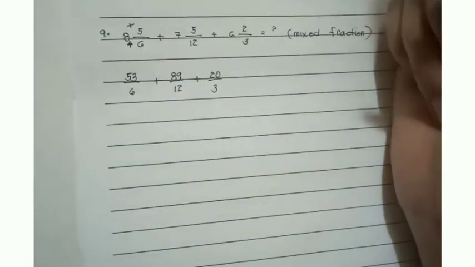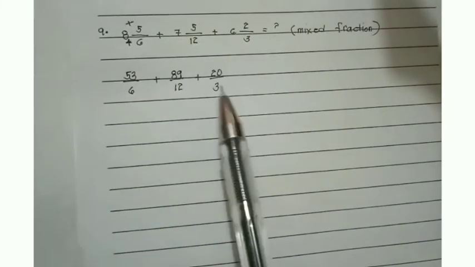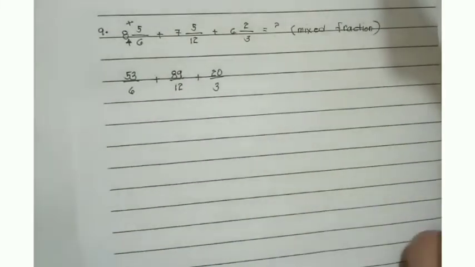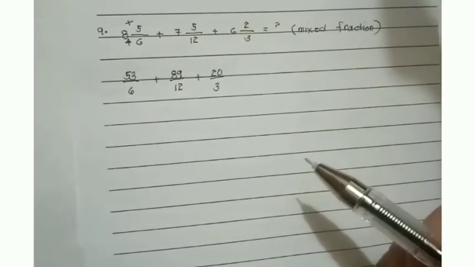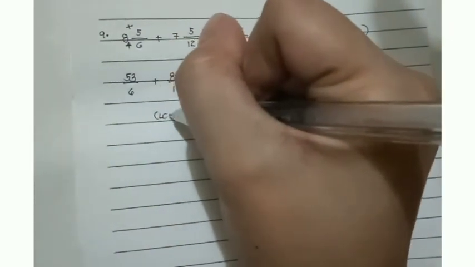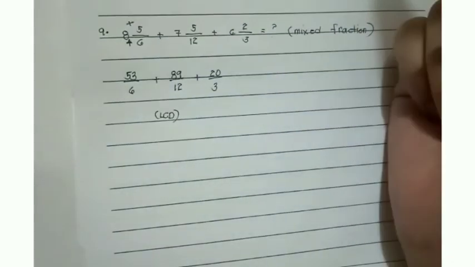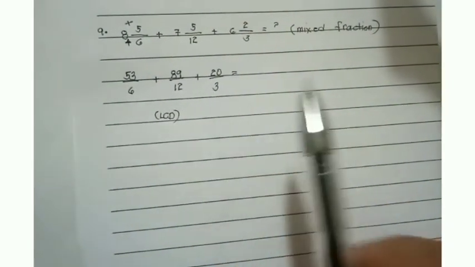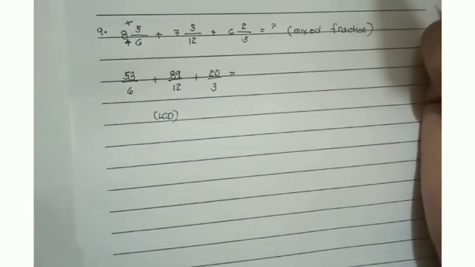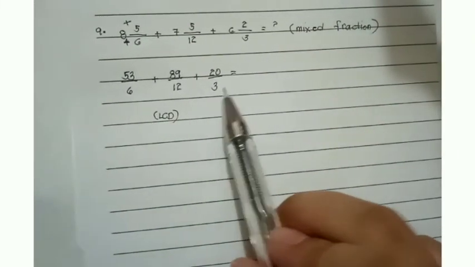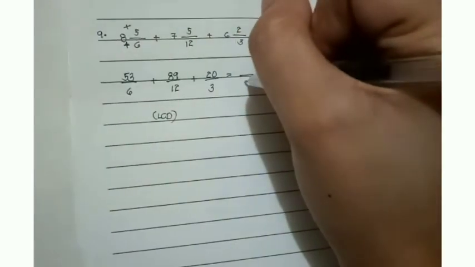As you can observe, iba-iba na naman yung denominator nila. So, in order for us to add this, kailangan ulit nating hanapin yung LCD or also known as least common denominator. So, ano yung least common denominator ng 6, 12, and 3? So, ang least common denominator ng 6, 12, and 3 is 12.